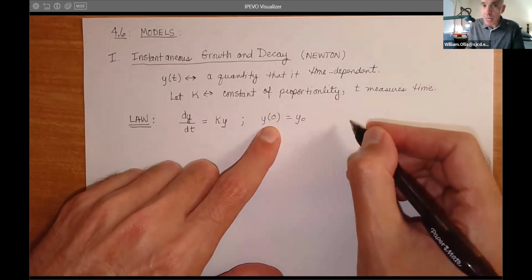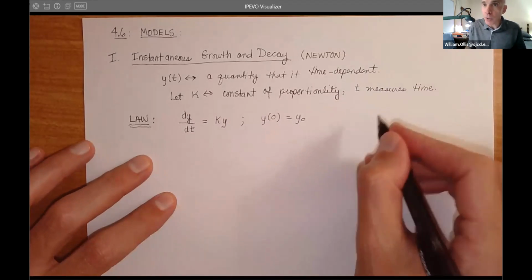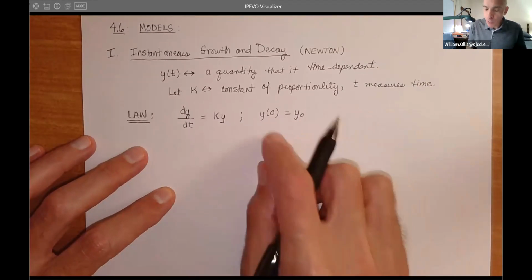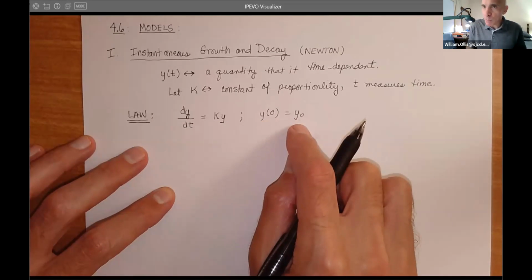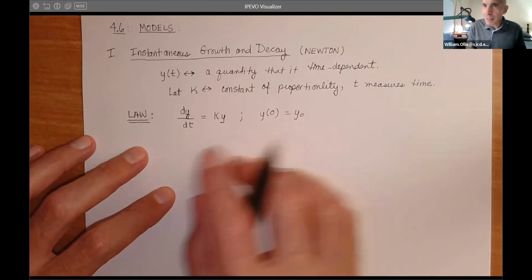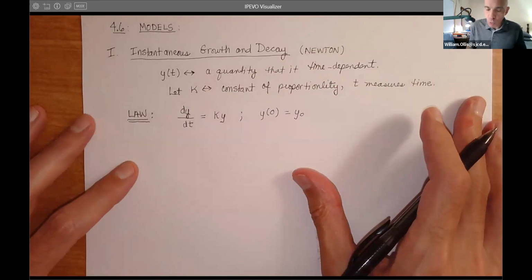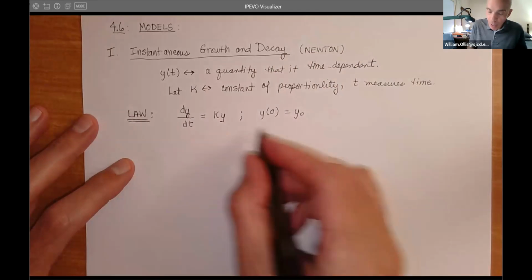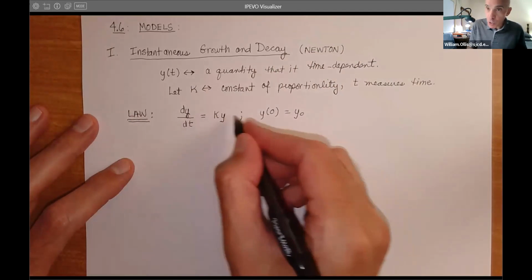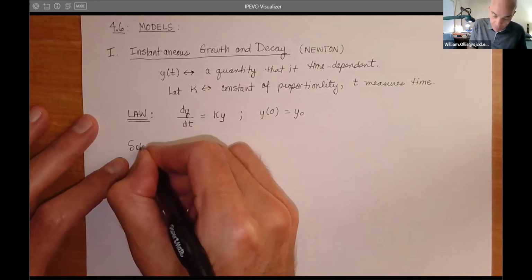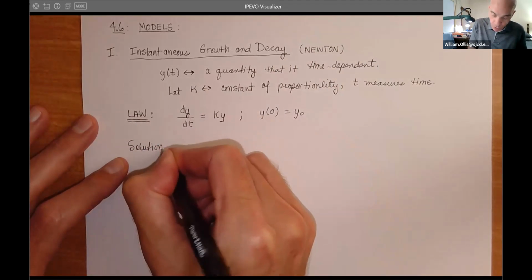That's usually a notation that's fairly popular with these kinds of models. Again, if we were using an n here, we'd write n sub 0. So that doesn't matter. I mean, again, the notation can be specific to the actual problem you're working. Now, this, again, you will be able to solve when you take calculus, and the solution curve looks like this. And this is what we'll use in this class.